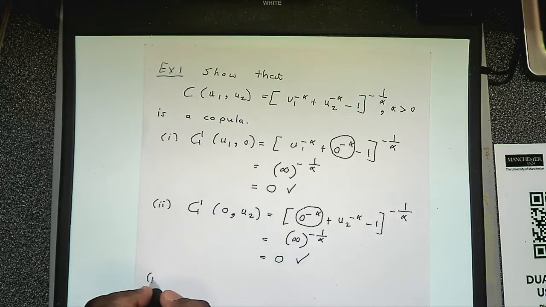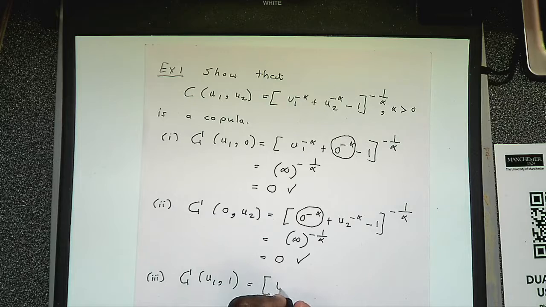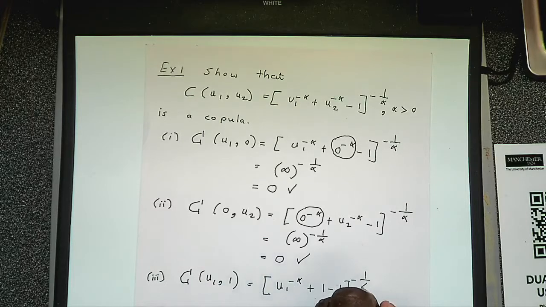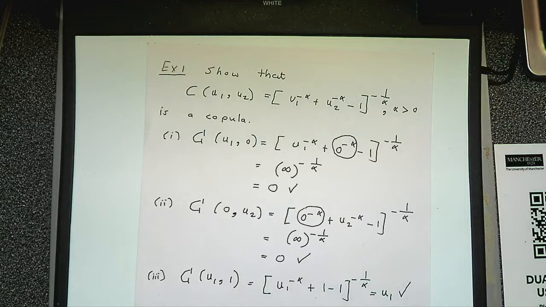Property 3 is, you put U2 equal to 1. So this is going to be U1 to the power minus alpha plus 1 minus 1, all to the power minus 1 over alpha. So this is equal to U1. Alright, so that's satisfied too.